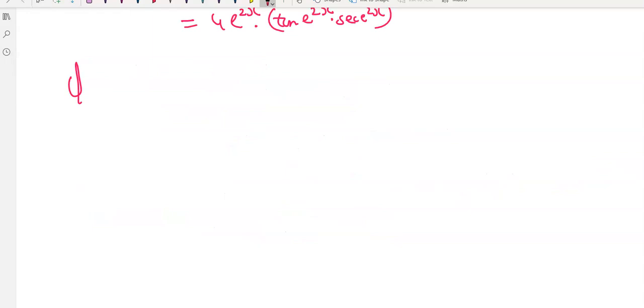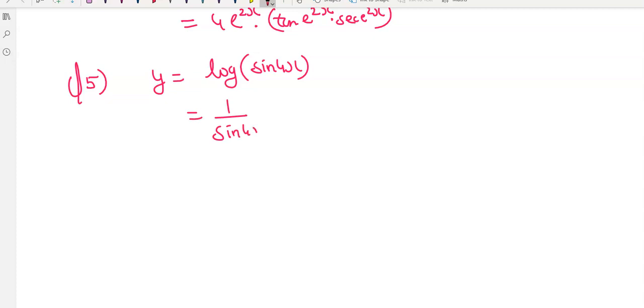So moving on to the further question, if we have a question like, I take it as y is equal to log sine 4x. It is 1 upon sine 4x, derivative of sine 4x. Of course, there is no power for that.